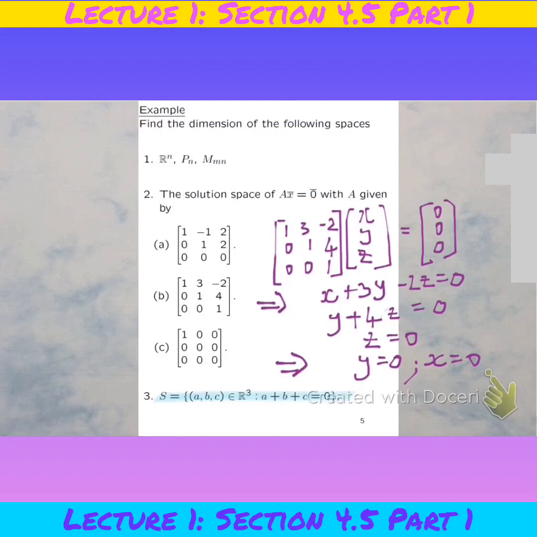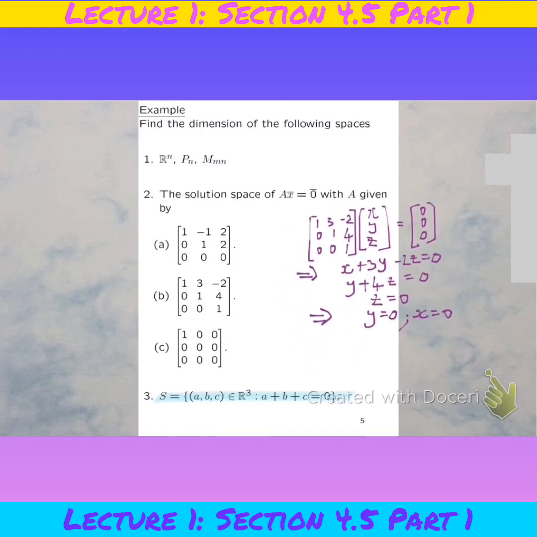All right, so what is the dimension of the solution space? Firstly, what is the solution space? Right, from that we can solve the solution space as the set of all vectors that look like this. The x component is 0, the y component is 0, and the z component is 0.